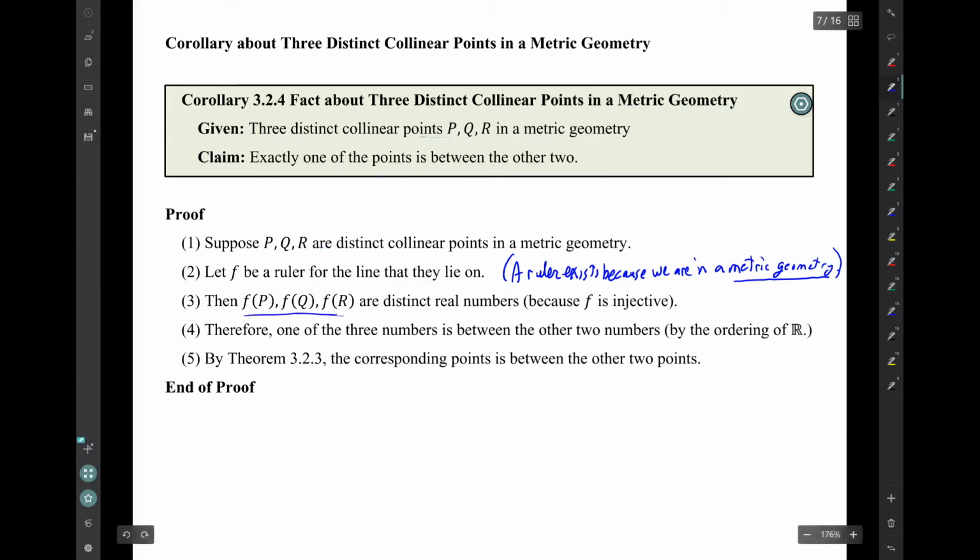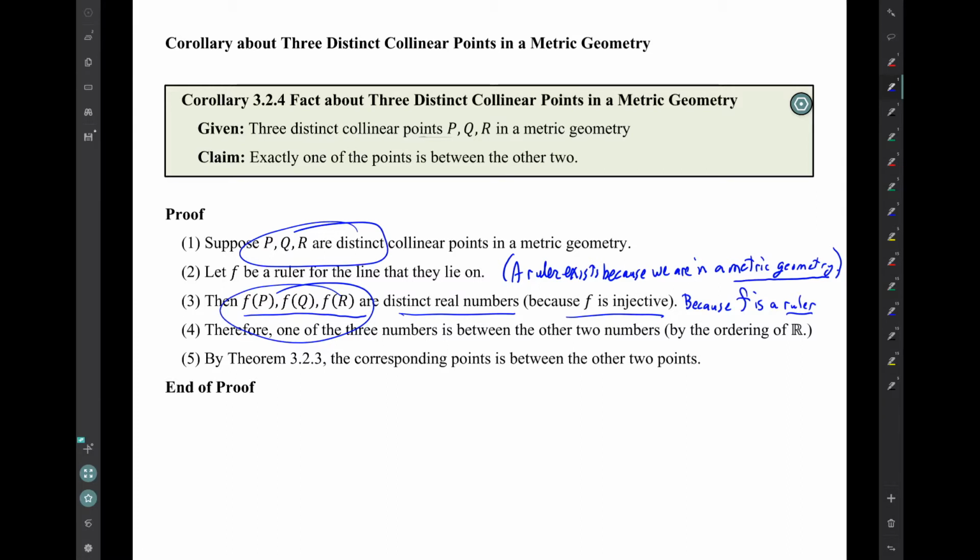Now we can say that f of p, f of q, and f of r are distinct real numbers. We can say that because f is known to be injective, because f is a ruler. Remember that rulers are bijective functions. So if you feed in distinct inputs, then you get out distinct outputs.